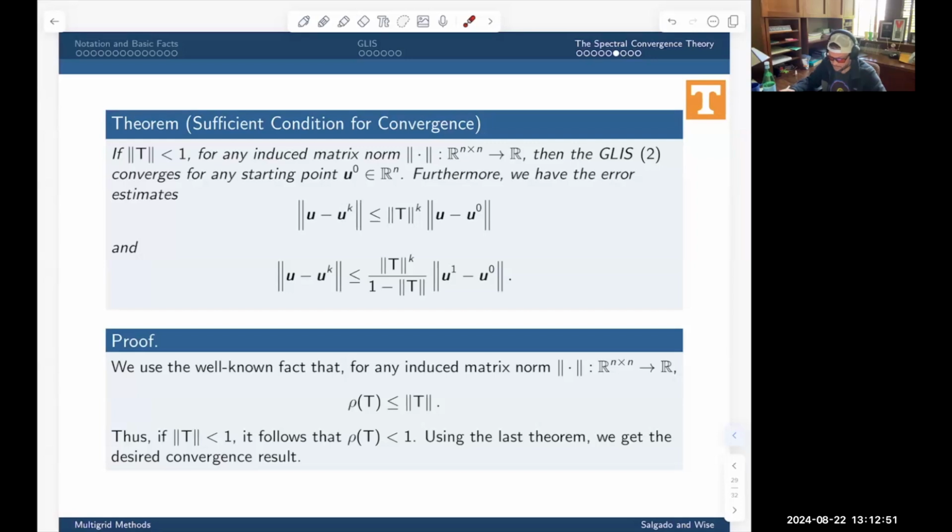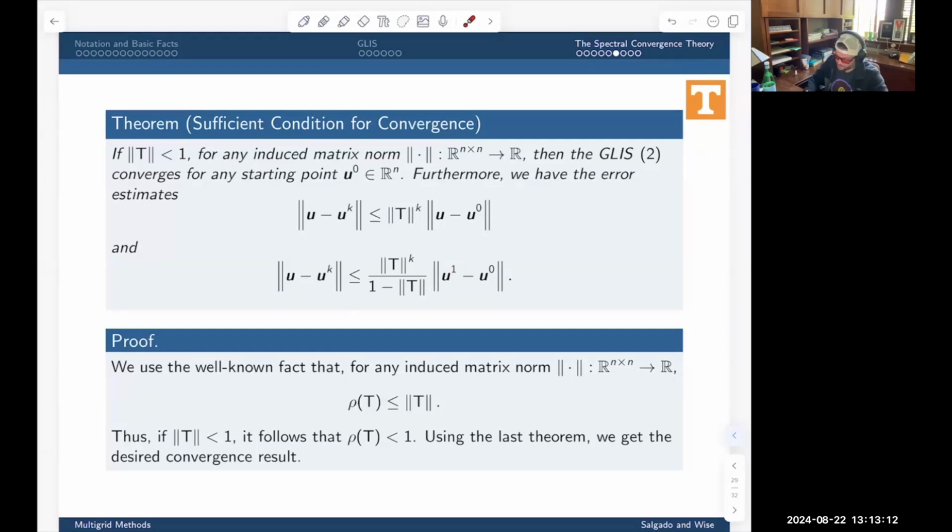It's pretty tight. So we're going to use the following well-known fact that for any induced matrix norm, so you remember what an induced matrix norm is. It's the same as that thing called the operator norm. So if you're used to thinking about something called the operator norm from functional analysis, it's the same.